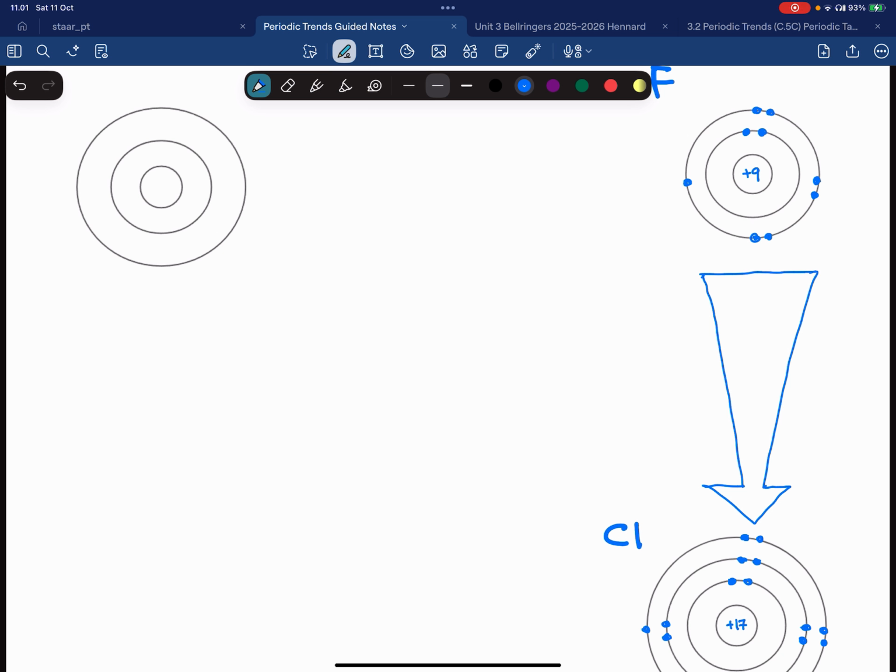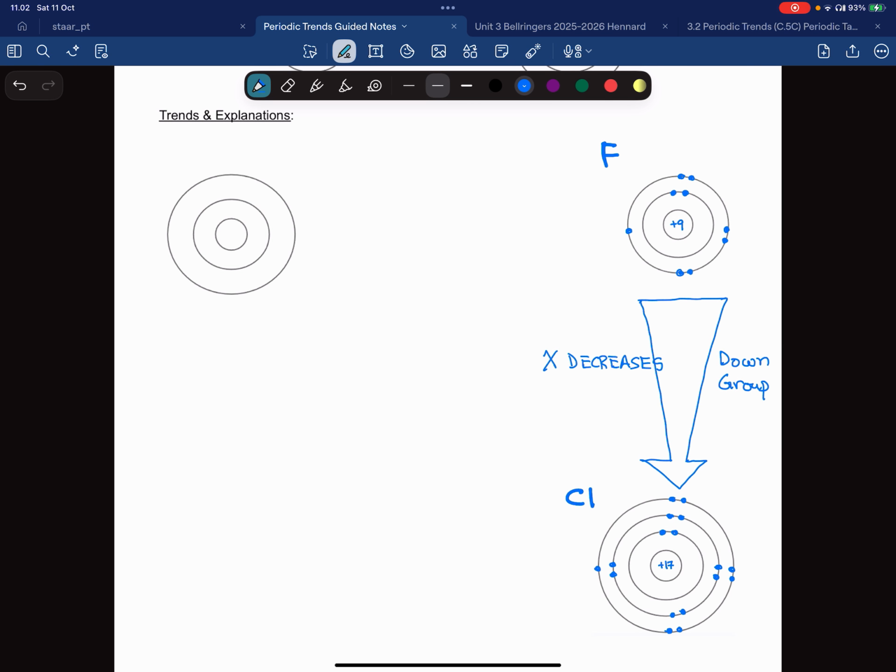So they kind of go opposite each other. So down a group, the electronegativity decreases. Now, the reason for that is fairly simple.